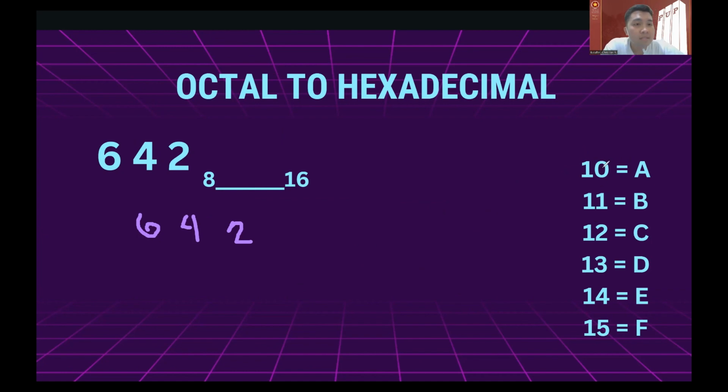So, yung 10 is equal to A, 11 is equal to B, 12 is equal to C, 13 is D, 14 is E, and last, 15 is equal to F. To get the octal to hexadecimal, we will just convert this 642 to binary.